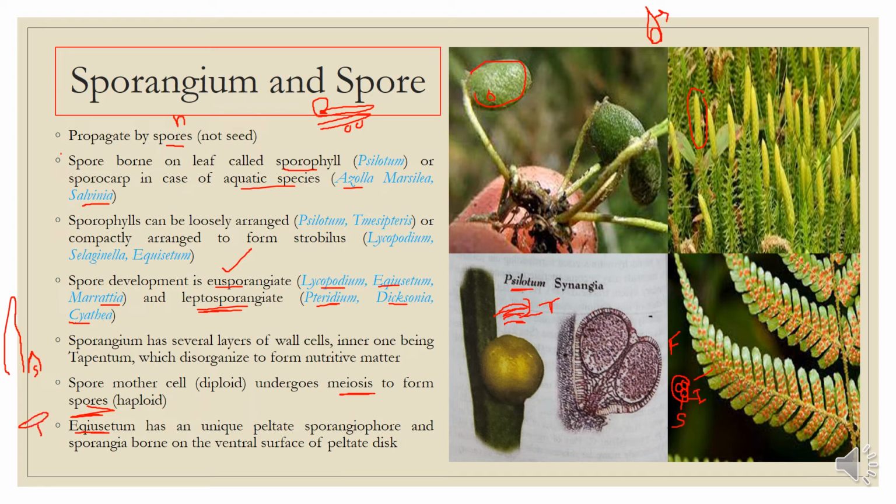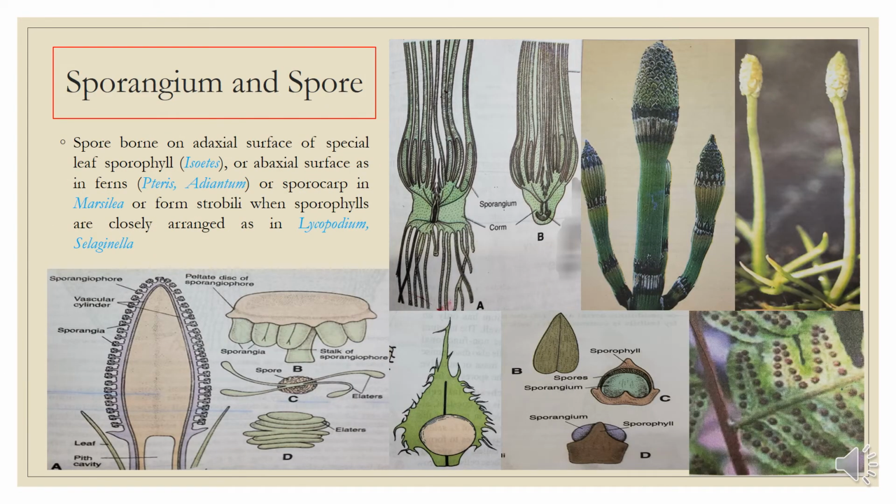But in Equisetum, they do not have a leaf-like sporophyll, but instead they have a peltate, or shield-shaped, sporophyll. They are born here at the lower end of the disc, and the sporangia are contained on the lower surface of this sporangiophore. So the sporangiophore here is not leaf-like.